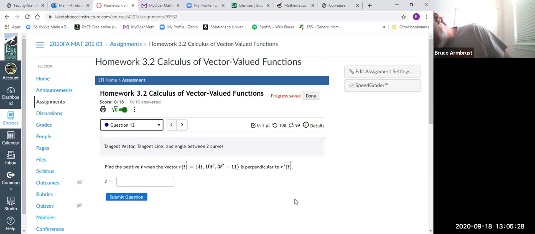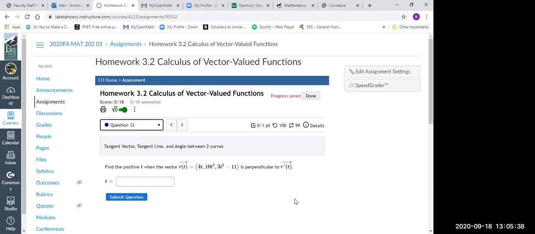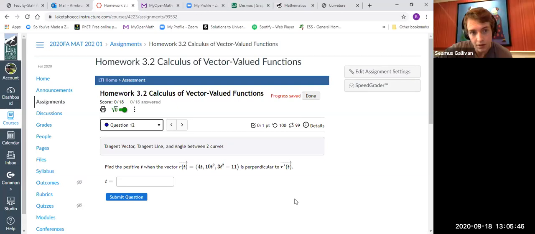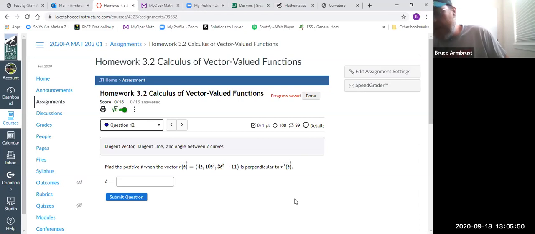Okay, so let's do that. And then once we have r prime, how do you tell if it's perpendicular? It'll be orthogonal. Okay, so it's going to be orthogonal. And what's the test for orthogonal, or the easiest test? Dot product? Yeah, let's take a dot product. And orthogonal means that the dot product is actually equal to 0.